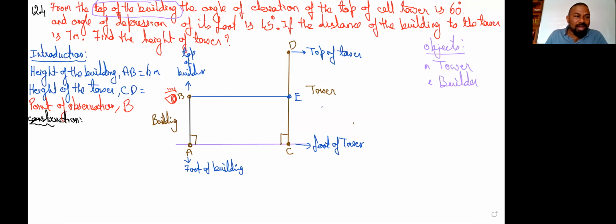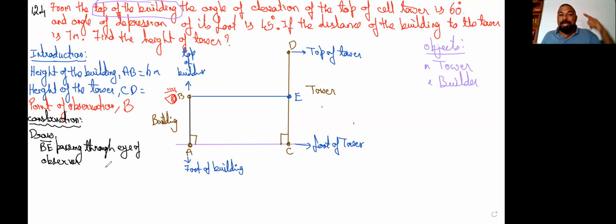What we have drawn is line BE, passing through the eye of the observer. Yes, you have drawn. Now it's the horizontal line from where we can start the angles.